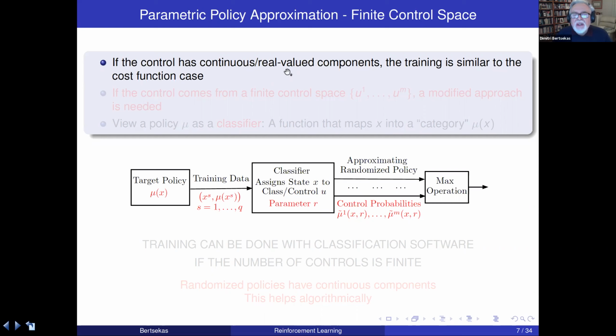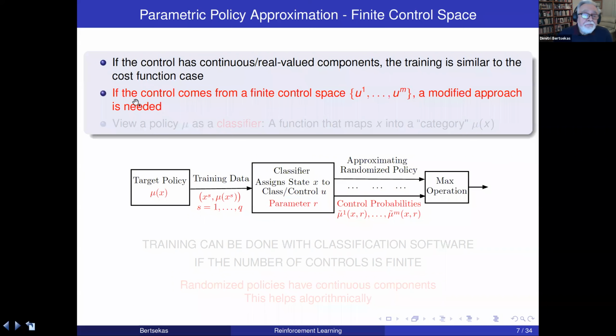It has 6 real valued components. In that case of continuous components, continuous controls, the training is pretty similar to the cost function case. It's scalars in one case. In the other case, it is multiple scalars, but the idea is similar. Basically, you replicate the computations for a single scalar to obtain approximations for a whole vector of components.